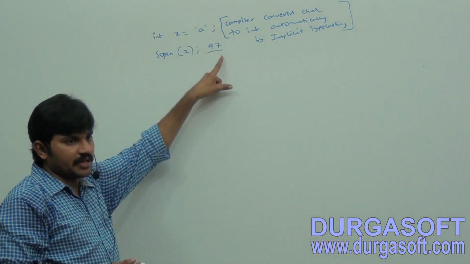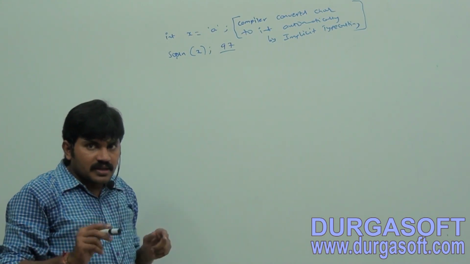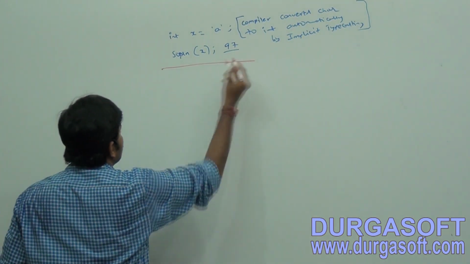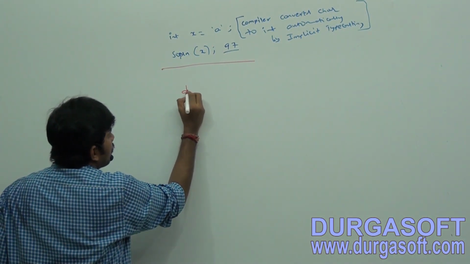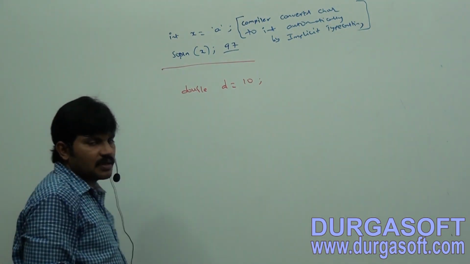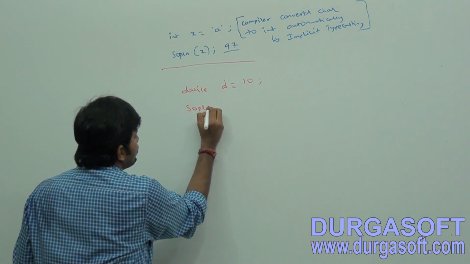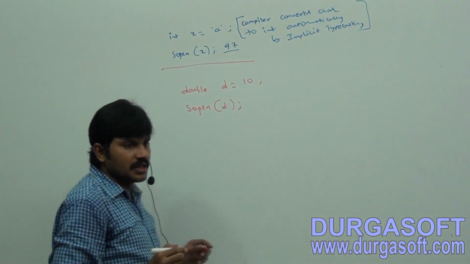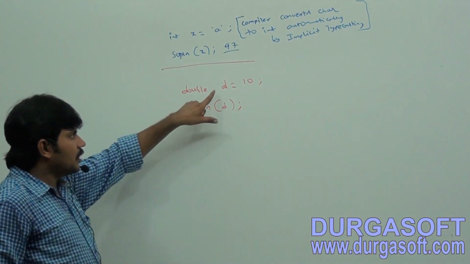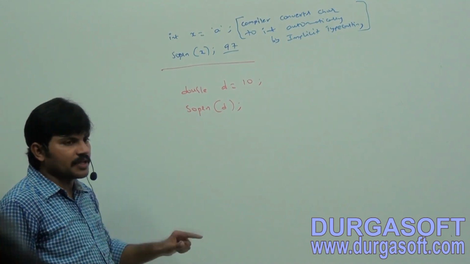I hope you people are aware. But actually I provided char, and now I am getting 97. Same here, observe this one. I am taking double d is equal to 10, SOP of d.